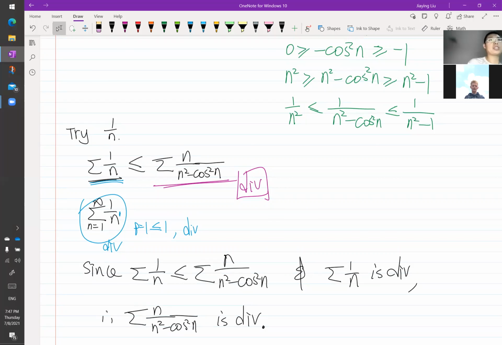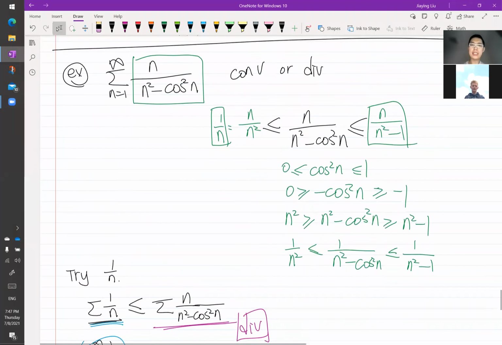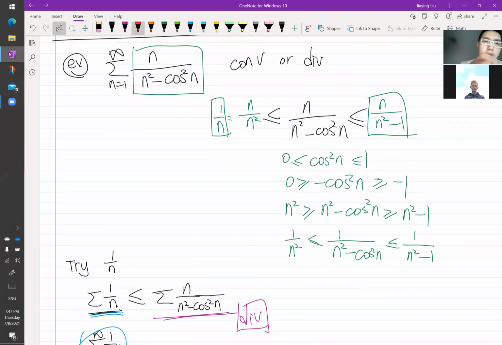There's a question: why is it 1 over n, not 1 over n squared? So what happened is that after I get to 1 over n squared, I get 1 over n squared less or equal to 1 over n squared minus cosine square n. But the given function has an n in the numerator, so I multiply all terms by n. So I get n over n squared, still less than or equal to n over n squared minus cosine square n, less than or equal to n over n squared minus 1.